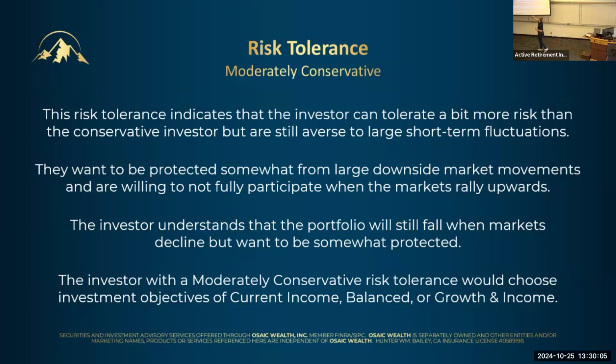So this investor understands that the portfolio will still fall when markets decline, but they want to be somewhat protected. They want some kind of assets that are just not going to feel that much of a crash. Those super short-term government bonds or any other value stocks will not feel the same.